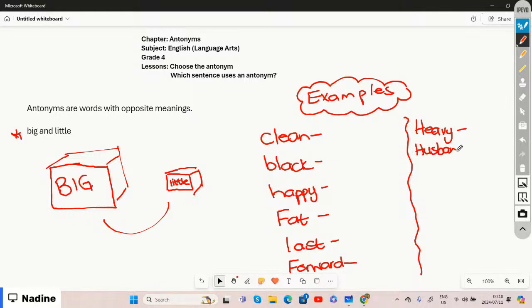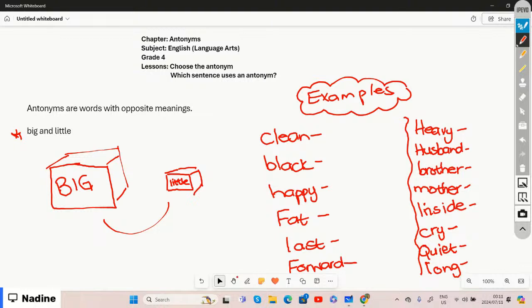Husband, brother, the opposite of mother. So you need to think of the opposites of these words. Inside, cry, quiet, and then one more, long.